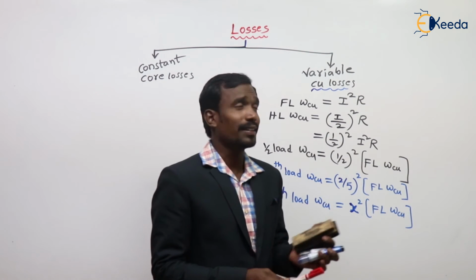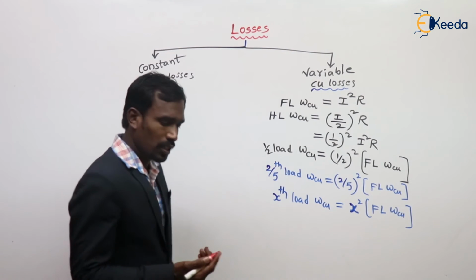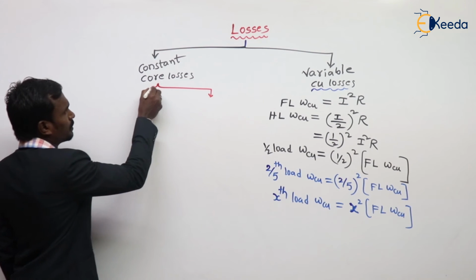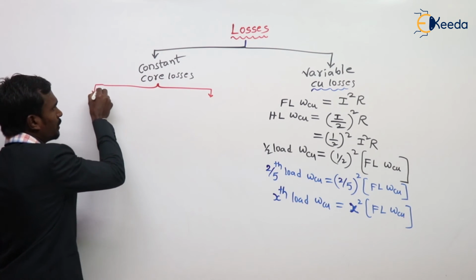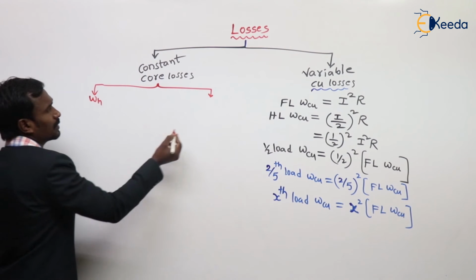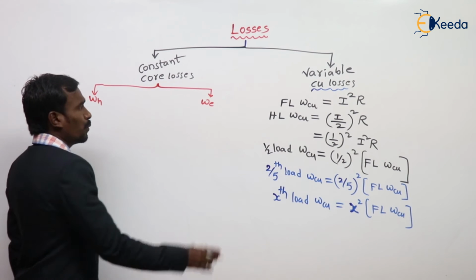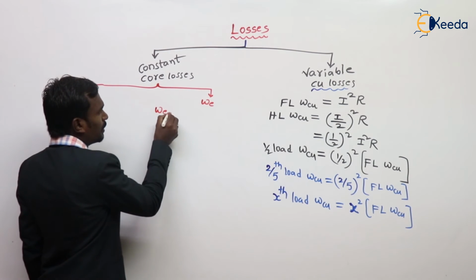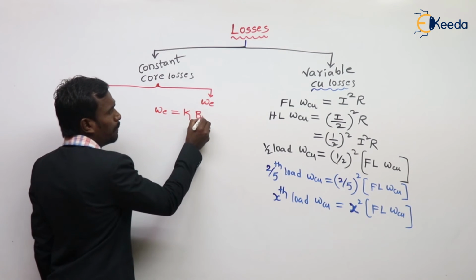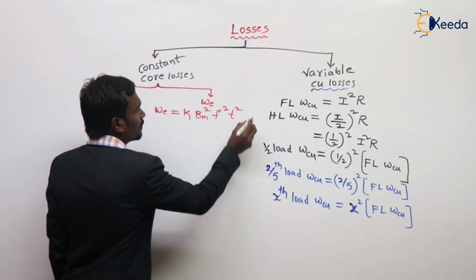Okay. Next, constant losses or core losses. These constant losses or core losses are of two types, which we know already. One is the hysteresis losses, the other one is the eddy current losses. What is the formula for eddy current losses? Eddy current losses formula is K B maximum square F square T square.